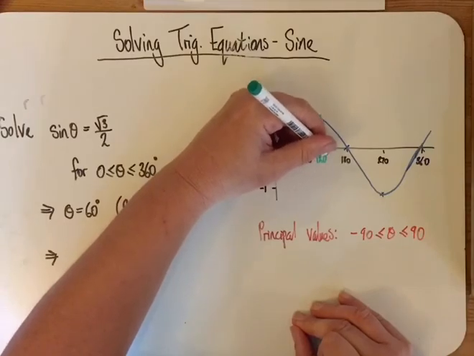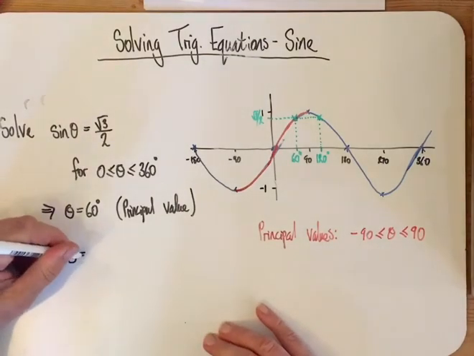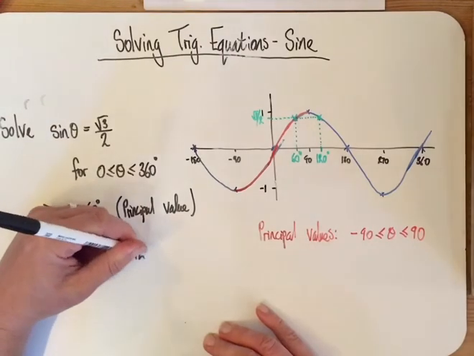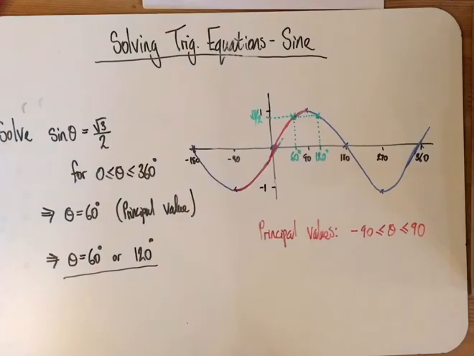So then there's another one there at 120 degrees. So theta is equal to 60 or 120 degrees. So two solutions in 360 degrees for sine theta equals root 3 over 2.